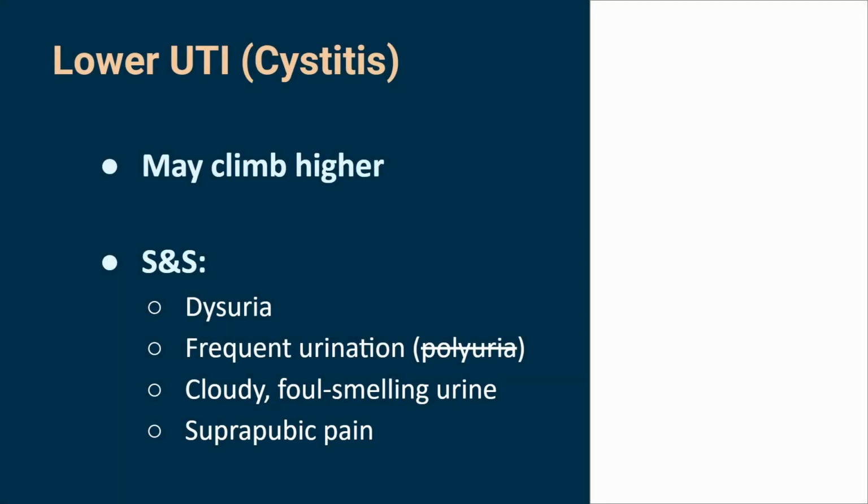Lower UTIs might climb higher, right? These are going to cause things like dysuria. What does that mean? It means painful urination, and as I have always known and didn't learn yesterday, burning. Pain and burning is what dysuria is. What would be lack of?